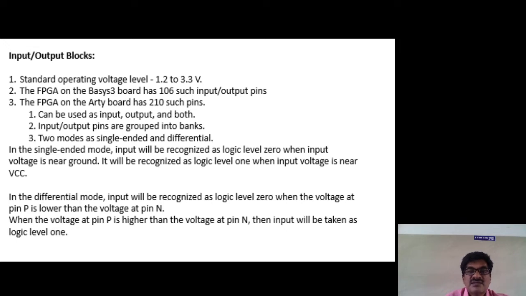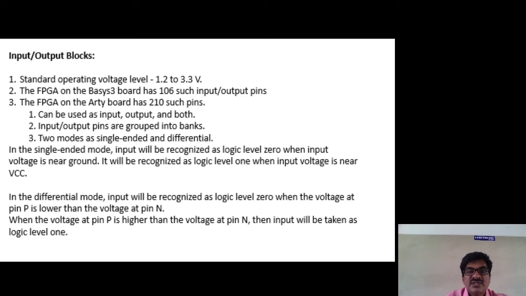These pins can be used as input to the FPGA, output from the FPGA, or sometimes both. Input means the FPGA can collect data through the input pins from the outside world. Output pins mean the FPGA can give its results to the outside world. Both means some pins act as input and also output.